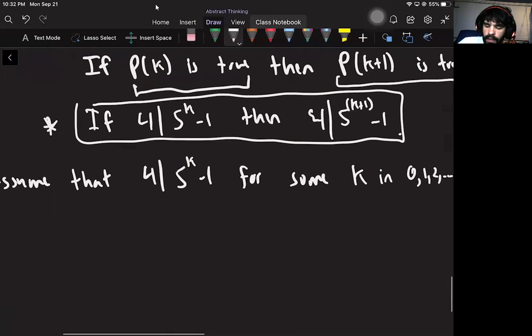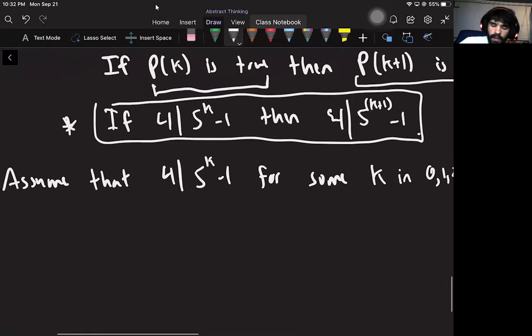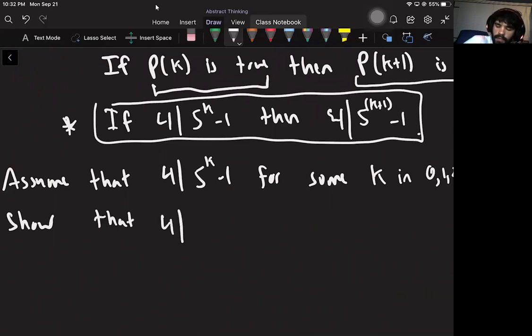We're assuming that, and then I want to show, as a result, that 4 divides 5^(k+1) - 1, because that is the statement for the next value. Okay, so now it's just a normal proof.